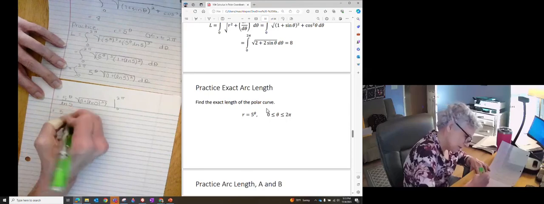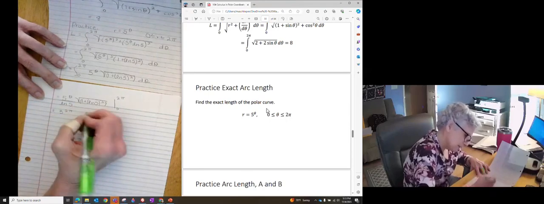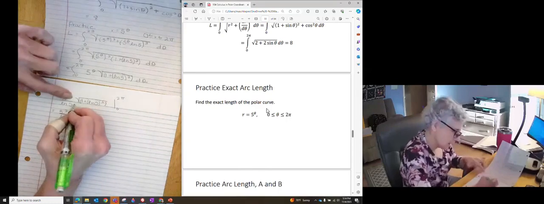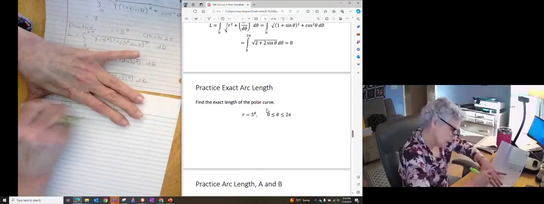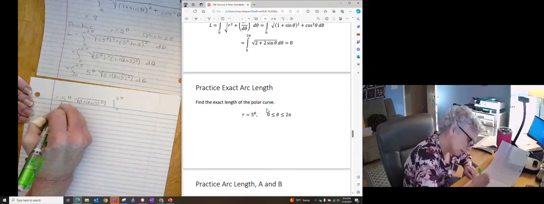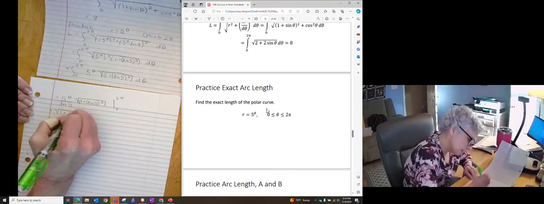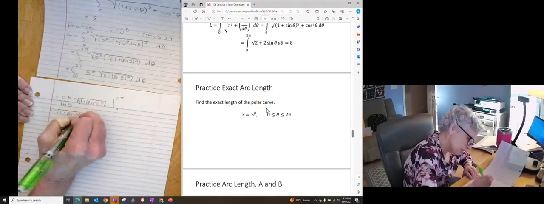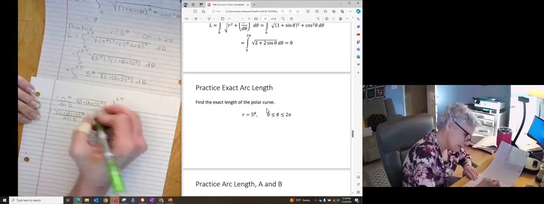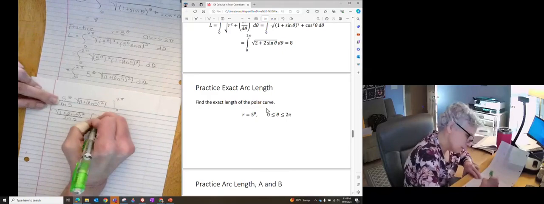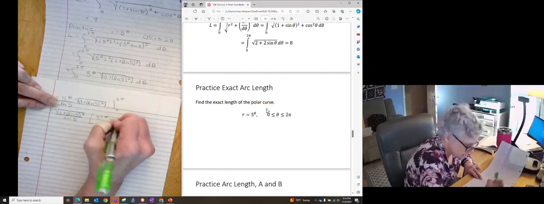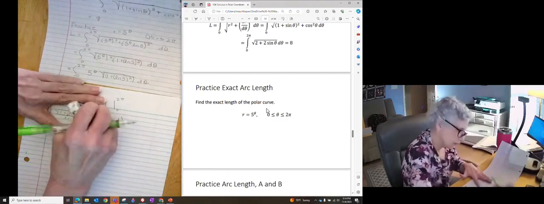So I have 5 to the 2π over natural log of 5. And this is a constant multiple, so just to save me from writing, I'm going to pull it out and have the square root of 1 plus (natural log of 5) squared, all of that over the natural log of 5, times 5 to the 2π minus 5 to the 0 power, which is 1.